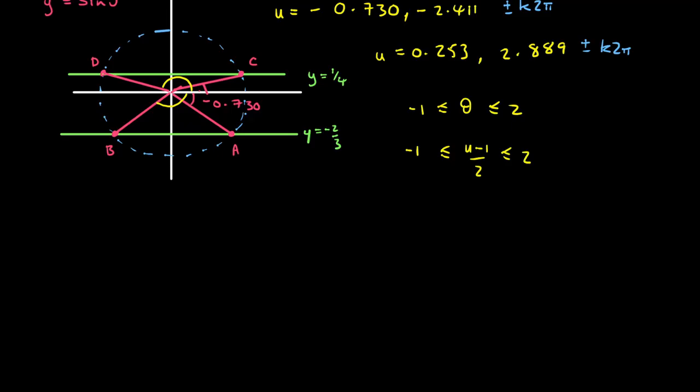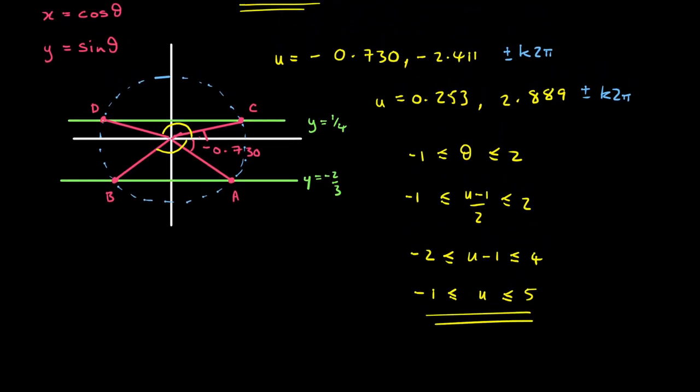So if we multiply everything through by 2, then u minus 1 must be between -2 and +4. And if we add 1 to everything, we know that u must be between -1 and +5. So we are interested in these values of u that are between -1 and +5.